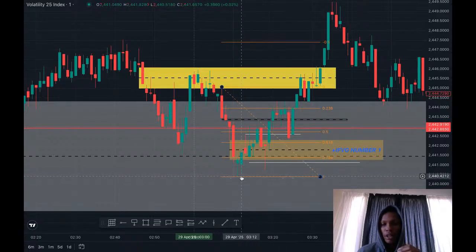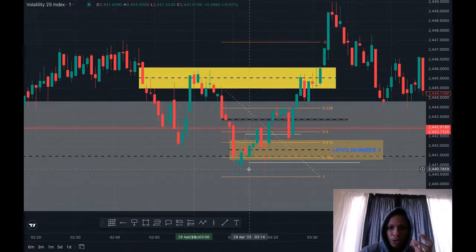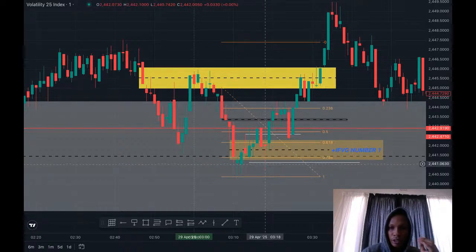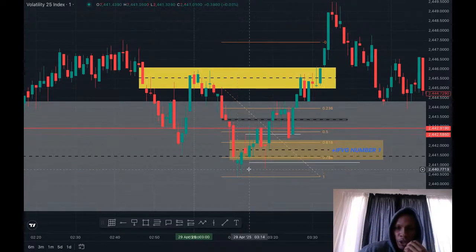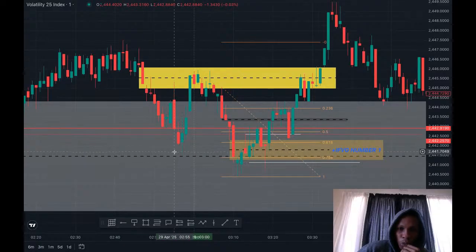Sometimes you can use breakaway gaps and put your stop loss at their high or low, but there's no breakaway gap present here. So unlike this low, what protects this one from being broken?